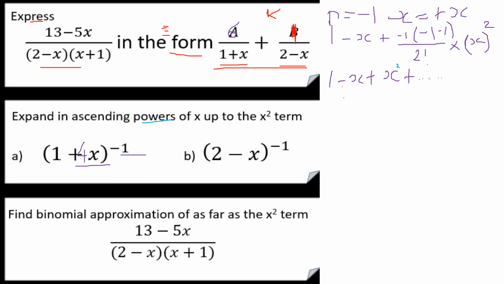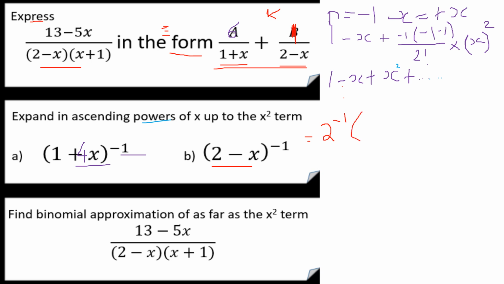For part B, again, I've got to be a bit careful because it's a bit trickier. I've got to factor out 2 to the minus 1, and the reason for that is because it has to be in the form 1 plus or minus ax all to the power of n. So I've got to factor that out.